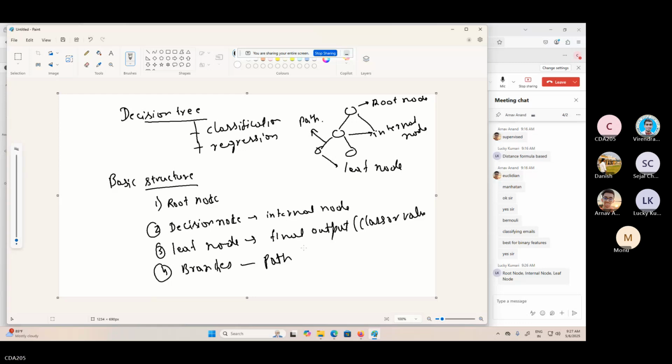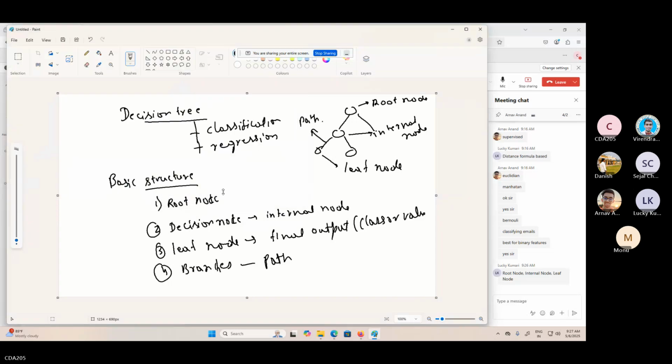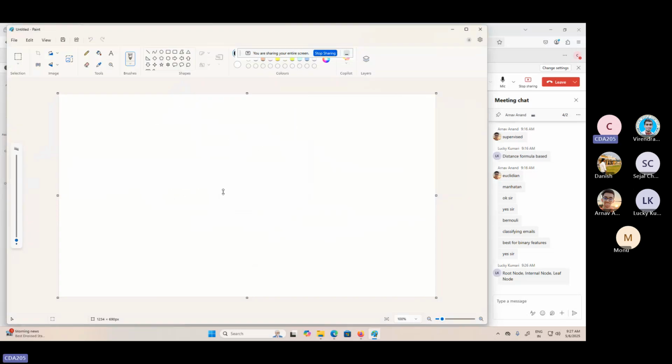So how can we do that in the decision tree? In the decision tree, best feature selection, the best features to split.